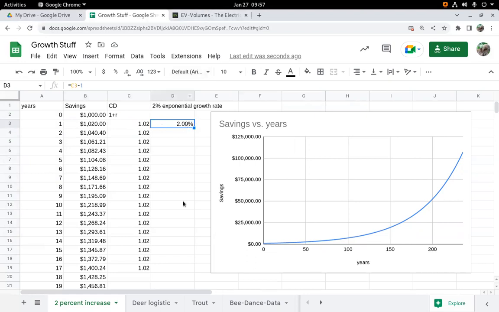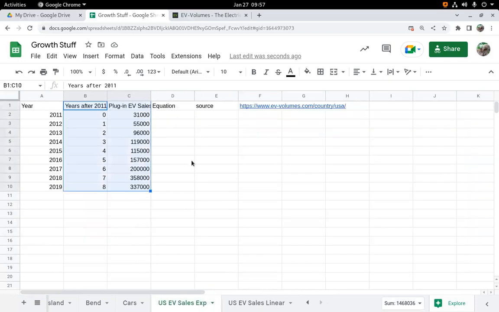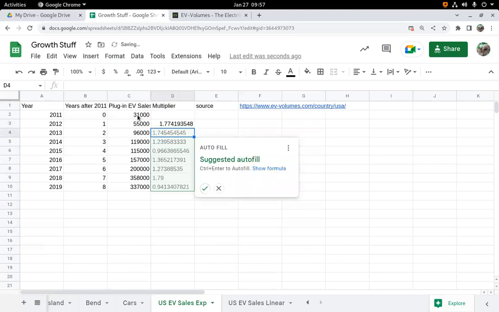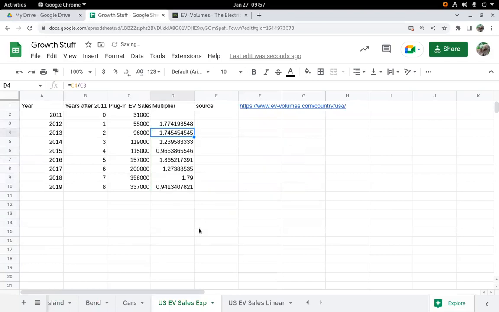So I'm going to try that with the electric vehicle numbers, see what I get. And if it is truly exponential, then I should get about the same multiplier each time. So here, let's call that multiplier. And I got to start on the second one, equals this number divided by that number. And then, yes, I do want to fill it down.